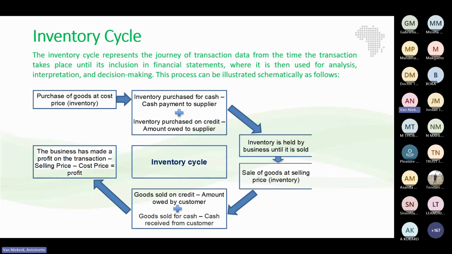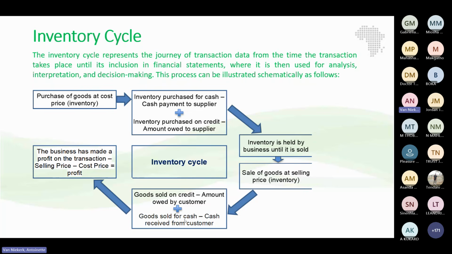The trade and other receivables account or your debtors account is an asset account. And now, since they are owing us money, their debt will increase on the debit side of the account.